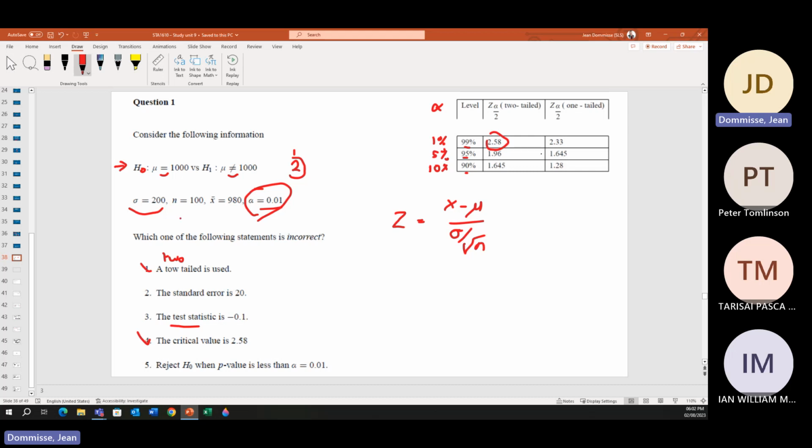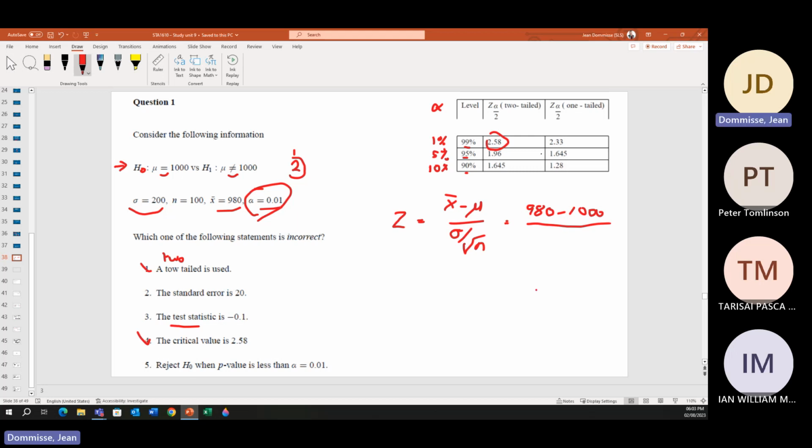So the question is saying that we need to check if this is different from 980. So we will check if there's any significant difference between 980 and 1000.